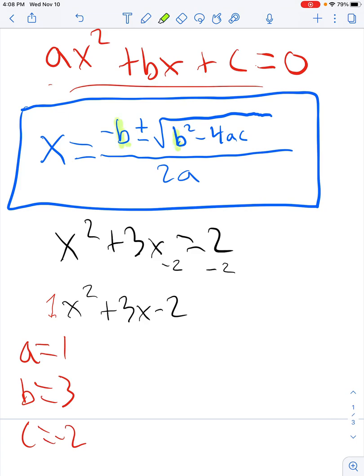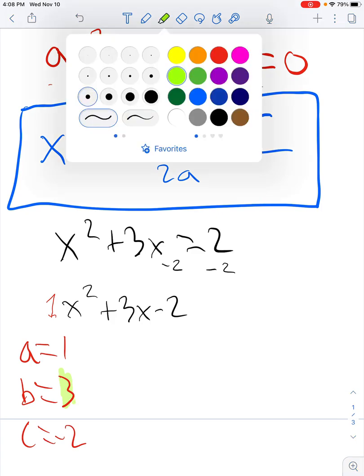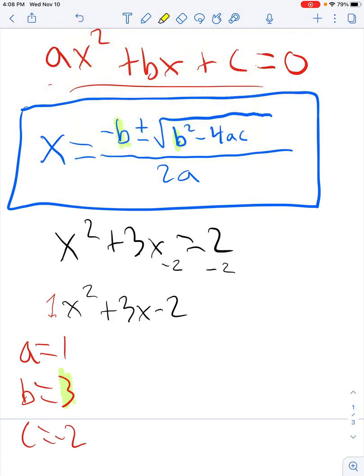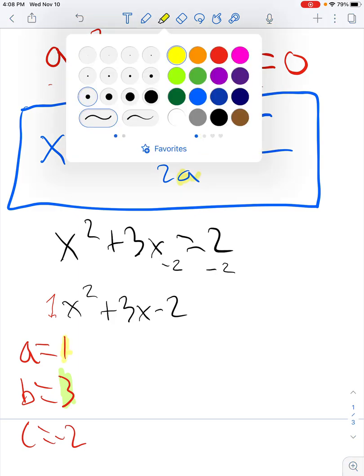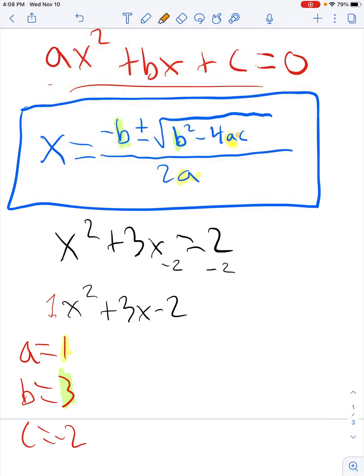Now we're going to take our formula, and every time I see b, I'm going to plug in 3. Every time I see a, I'm going to plug in a 1. And every time I see c, I'm going to plug in negative 2.